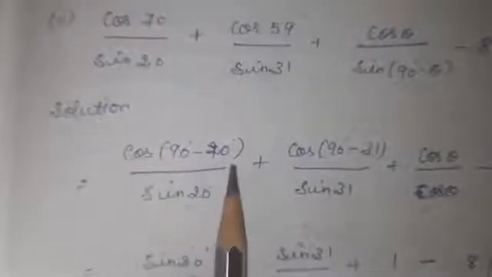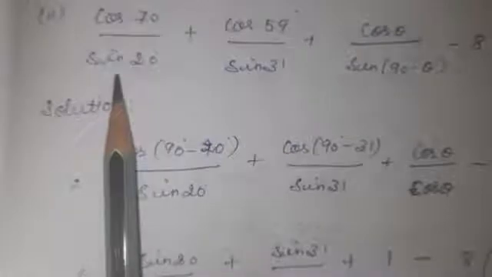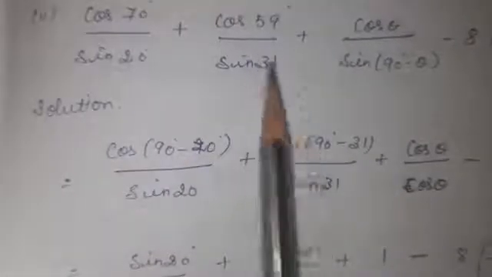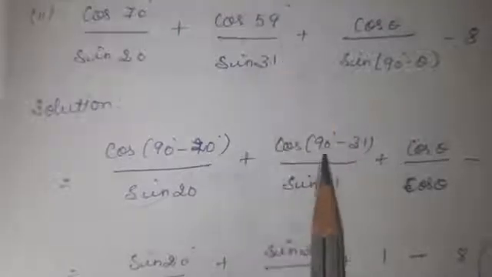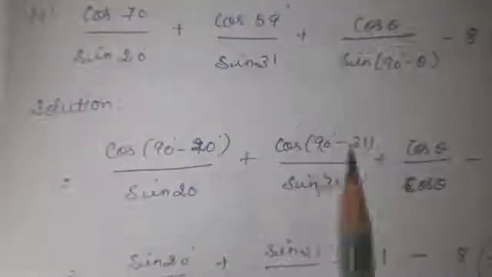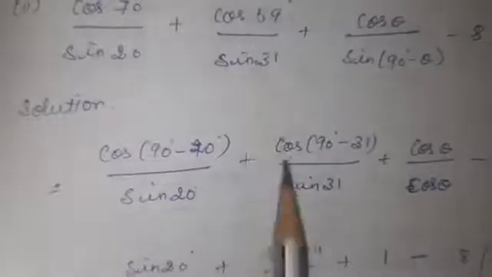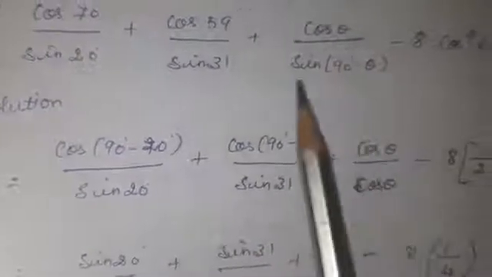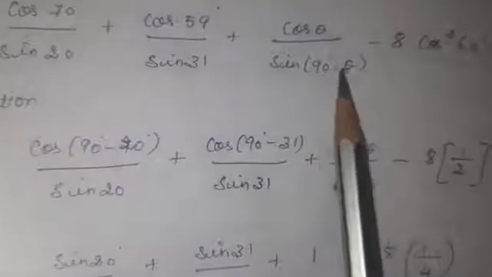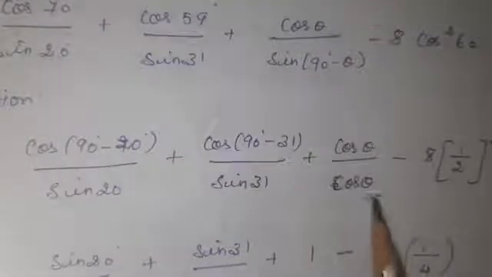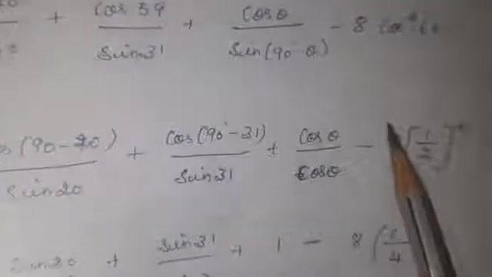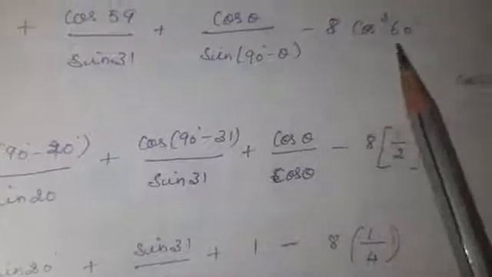So cos of 90 minus 20 divided by, not changing the denominator, sin 20 degrees, plus cos, where 59 I write as 90 minus 31, since 90 minus 31 is 59 degrees, divided by sin 31, plus cos theta over sin of 90 minus theta. This is a direct formula: sin of 90 degrees minus theta is cos theta. Then minus 8 into cos 60 degrees value.